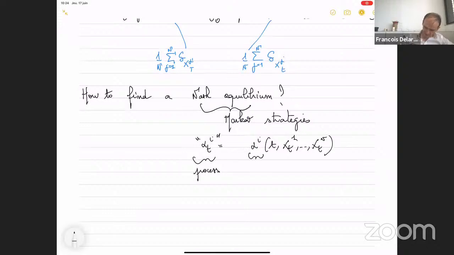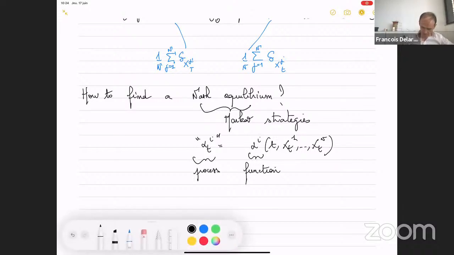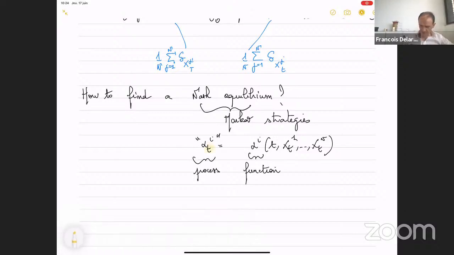And now here, this is a function. So you could complain that I am using the same notation for both, despite the fact that they are not the same. But here there is time in index, and here I put time in parentheses.